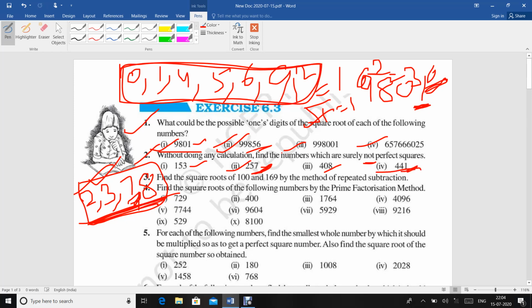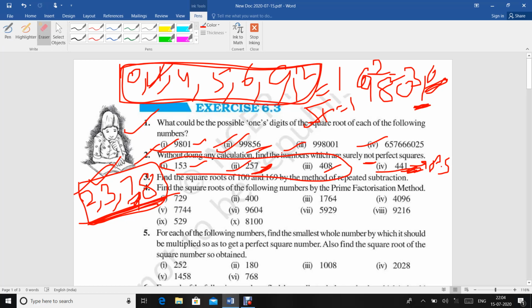In 441, 1 is at the unit place, so it would be a perfect square number, because 1 is a unit digit for a perfect square. So this will be a perfect square, but these three numbers are not perfect squares.